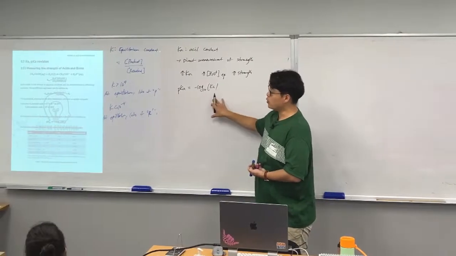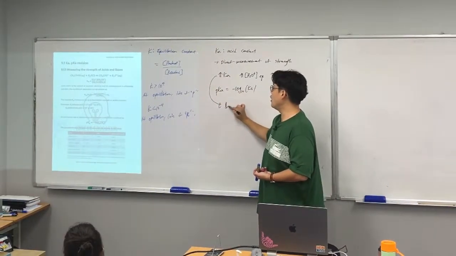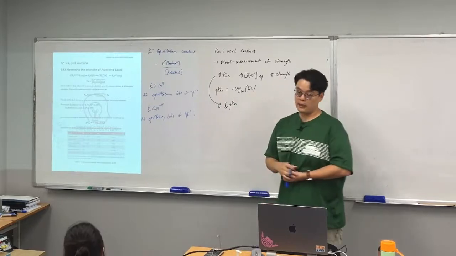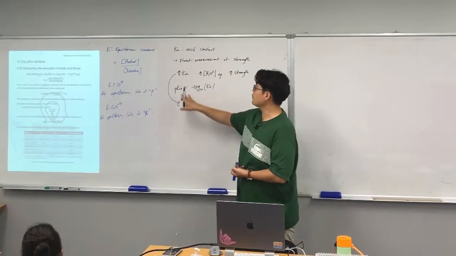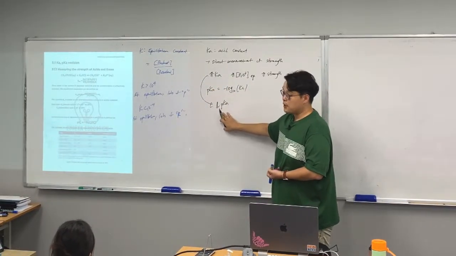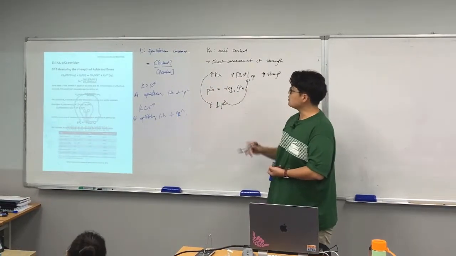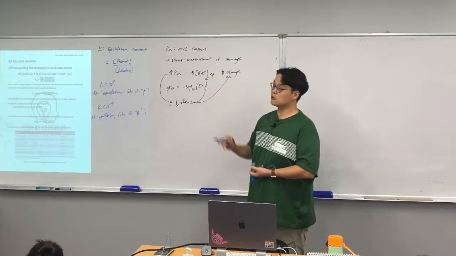As we do so, you will see that the higher the Ka, the lower the pKa. So it gives you a relationship that the higher the Ka, the lower the pKa value, representing greater concentration of the hydrogen ions, therefore greater strength.